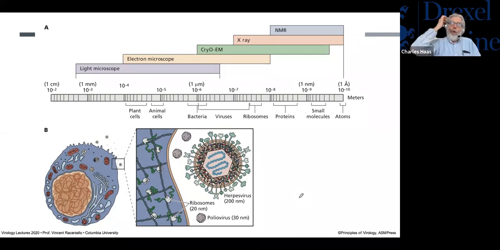So quite small. Anywhere from, at the upper limit for very large viruses, 1 micron, all the way down to hundredths of microns, or tens to hundreds of nanometers.